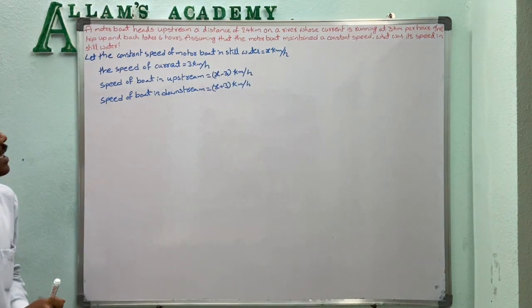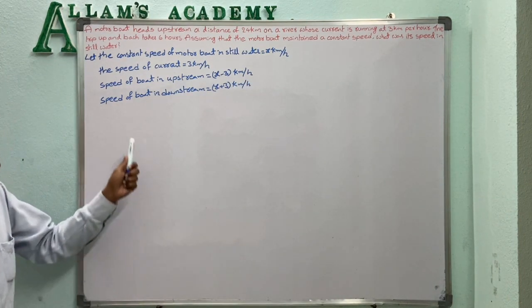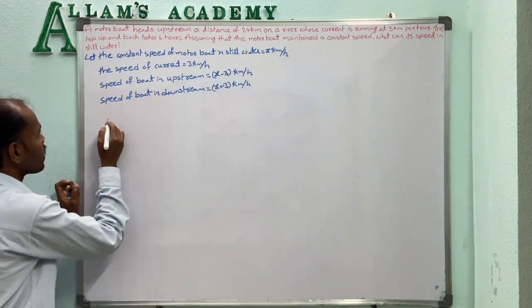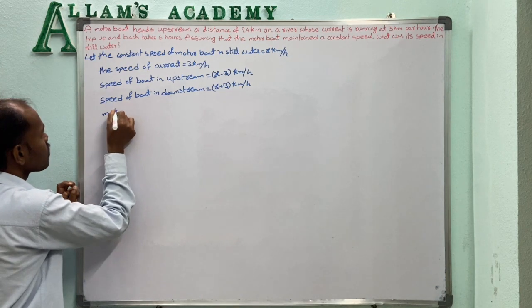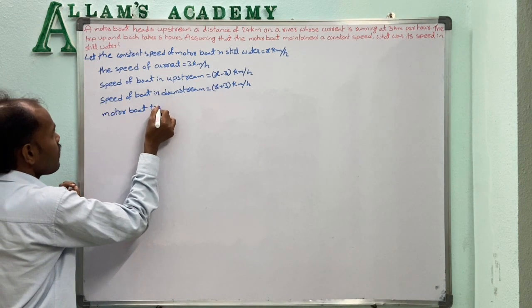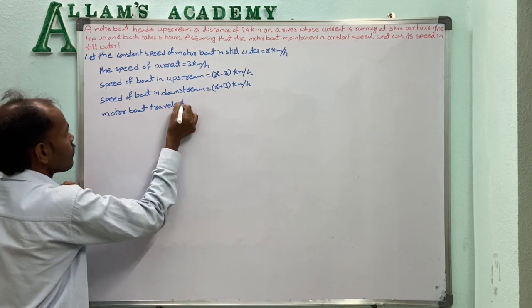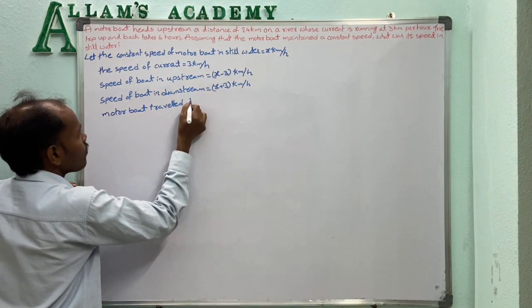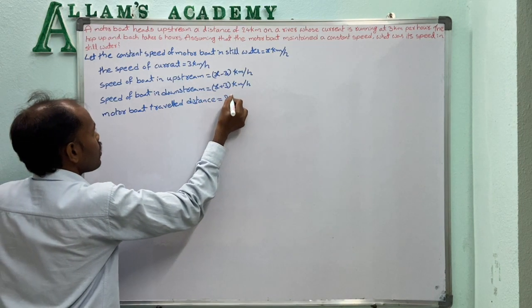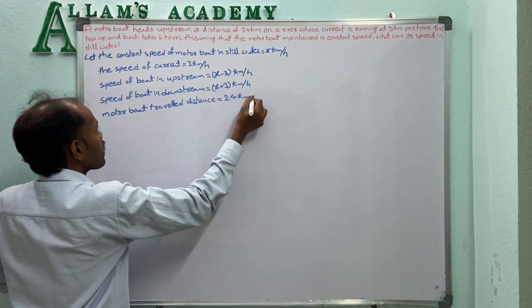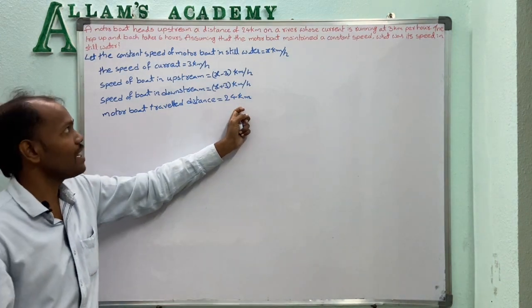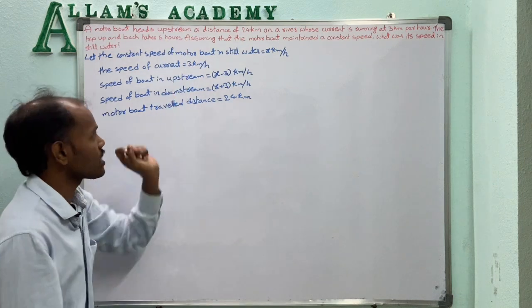Next, the motor boat traveled distance 24 kilometers. So for traveling 24 kilometers purpose, it taken the time 6 hours.